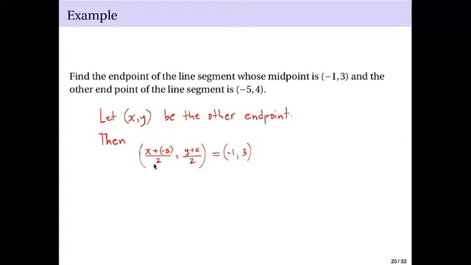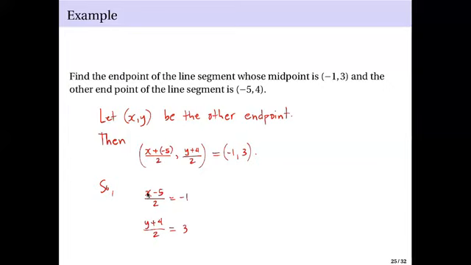So you have x plus negative 5, so I'll just write x minus 5 divided by 2. This must be equal to negative 1. And y plus 4 divided by 2 must be equal to 3. And then you compute for what? For the value of x and for the value of y.